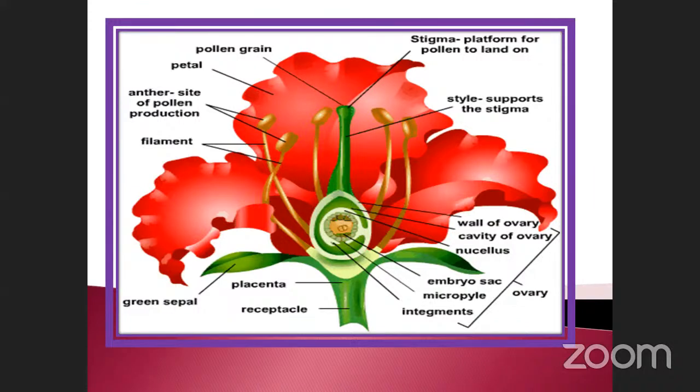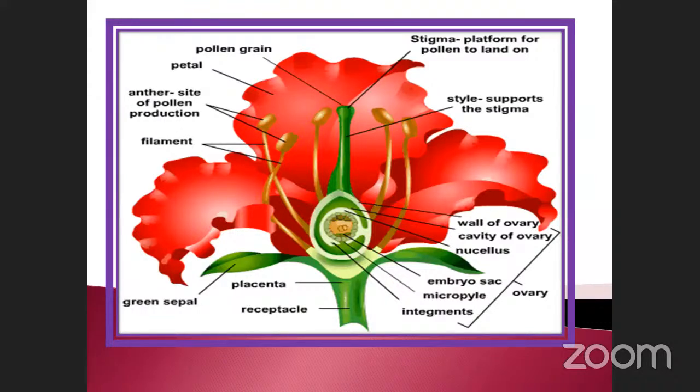Next there is the green part, called the calyx, and the colored one is called the corolla. What do these two do? They protect the inner layer of the stamen as well as the ovary during the bud condition.